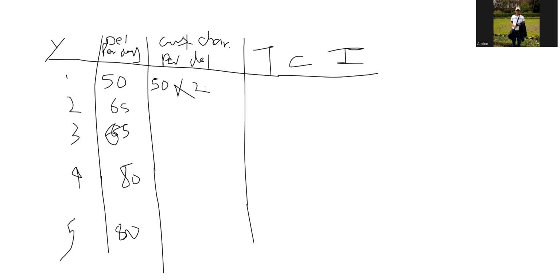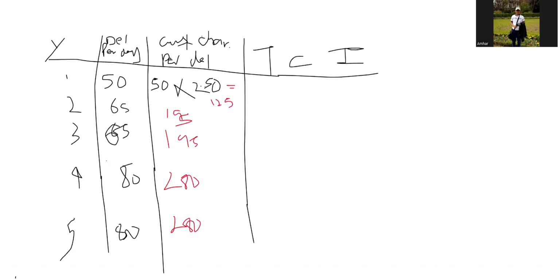So how much is 50 into 2.50? 125. Yeah. Okay, so we'll put 125. And then can you do the rest for all these? It's easy now, year 2 and 3. Okay, do that and tell me.